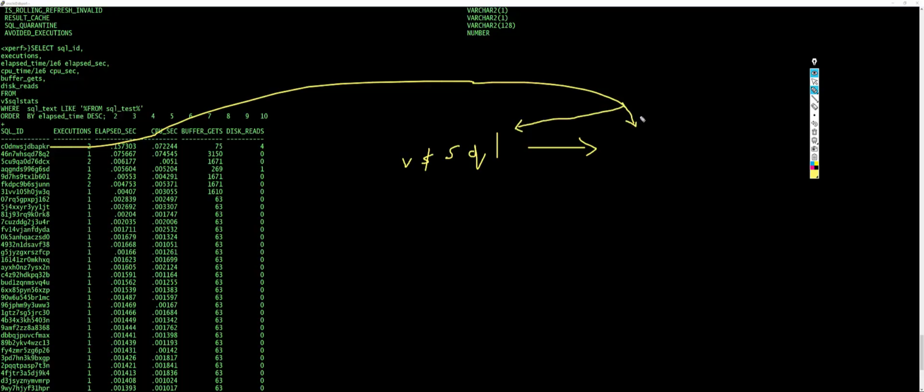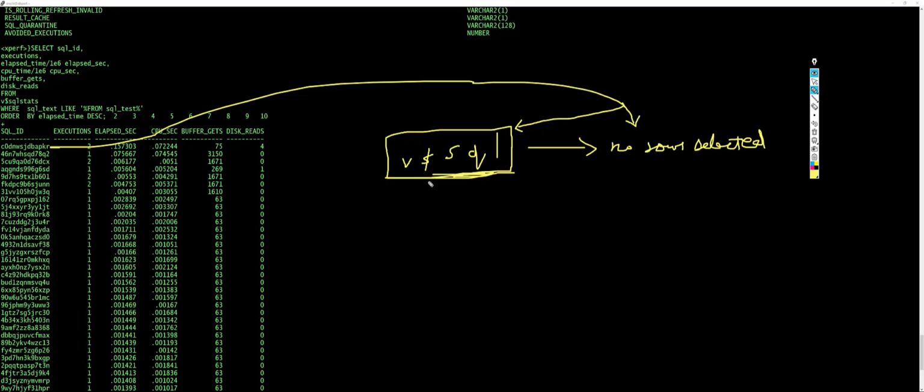But when I query V$SQL, it shows no rows selected, which means V$SQL does not contain the information about this SQL ID. This SQL was executed recently, but not every SQL will persist in V$SQL. After some time, the information from V$SQL will be erased.